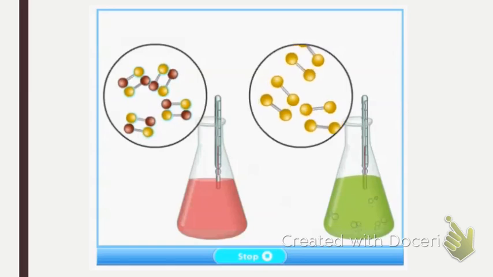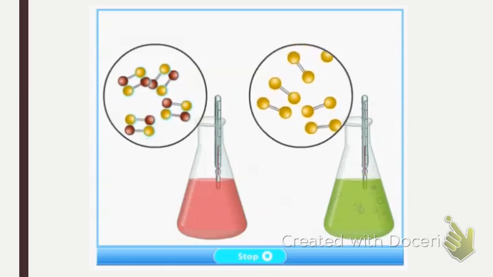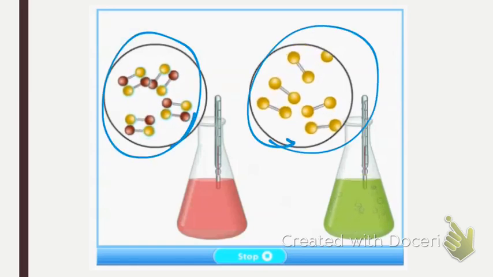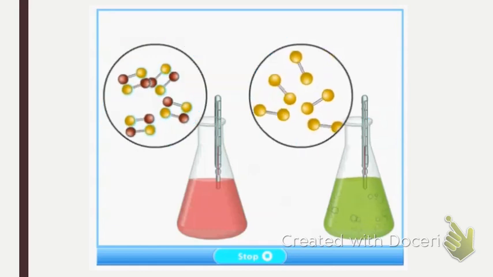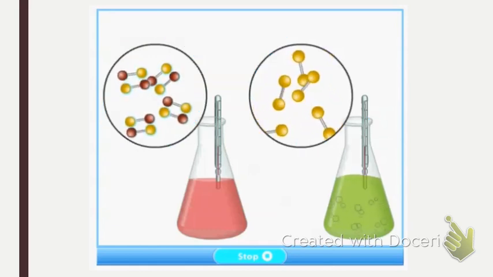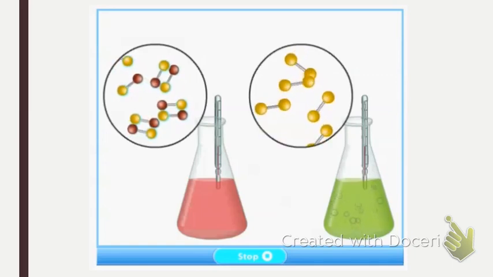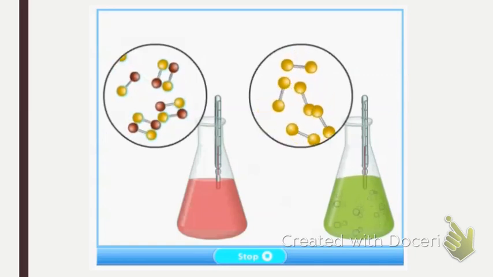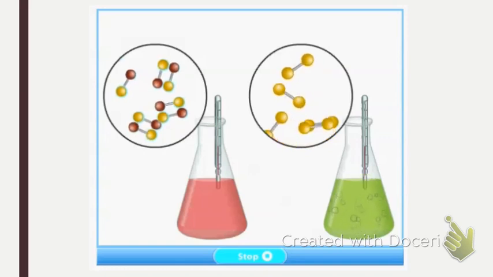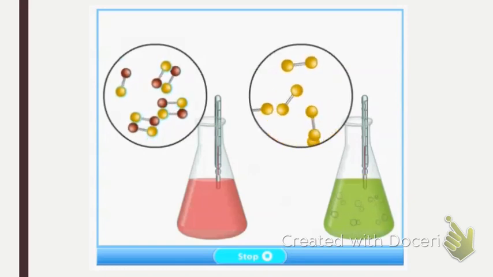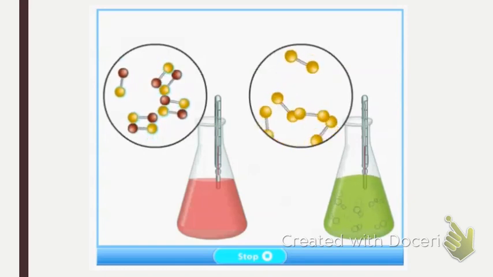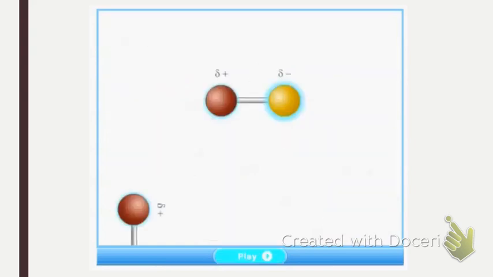Now, if we compare this polar molecule that we've been looking at to some non-polar molecules at the same temperature, that non-polar molecule is more likely to boil because it doesn't have that attractive force, that permanent attraction to the other molecules. So these 2 different liquids are at the same temperature, but the non-polar one just has London dispersion forces, is boiling, while the polar one is not because it has those extra dipole forces holding it together.